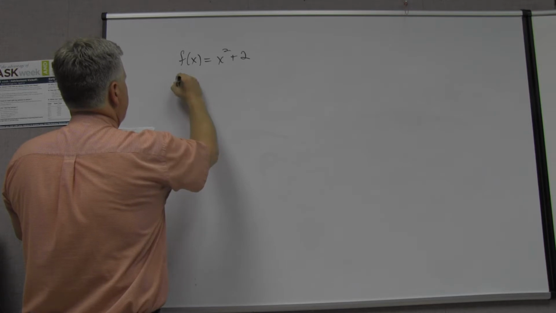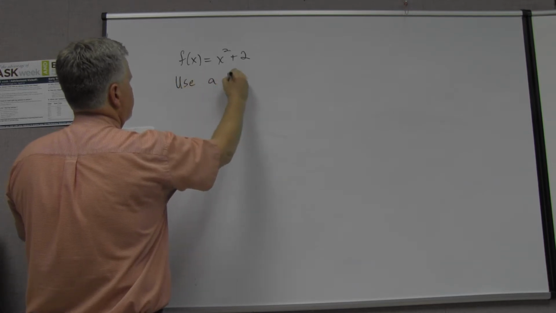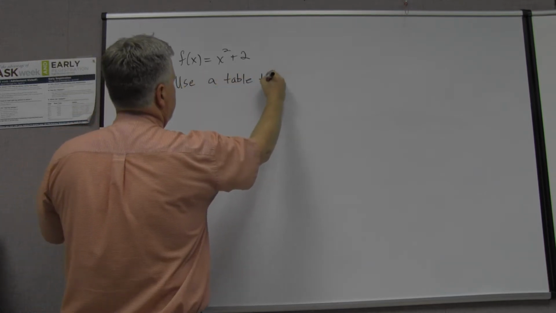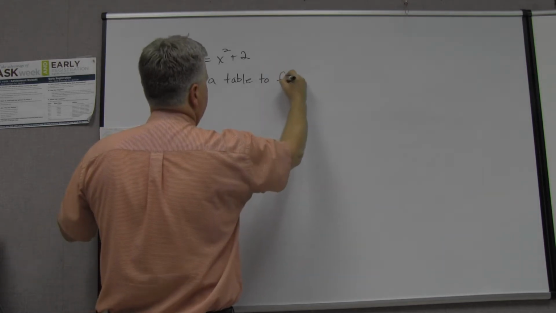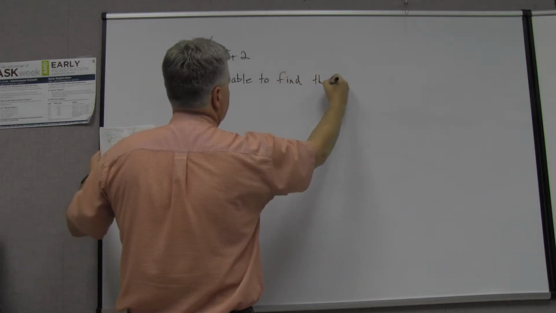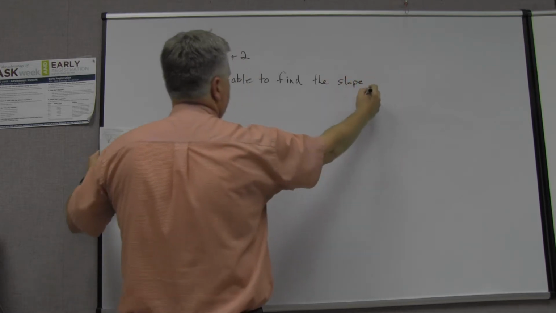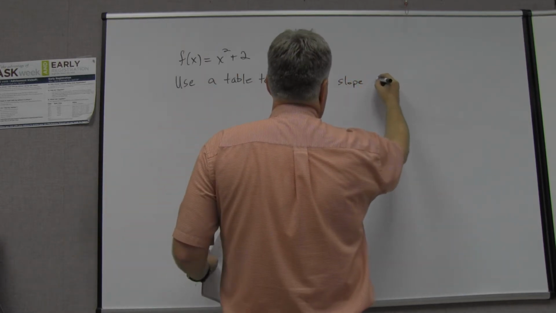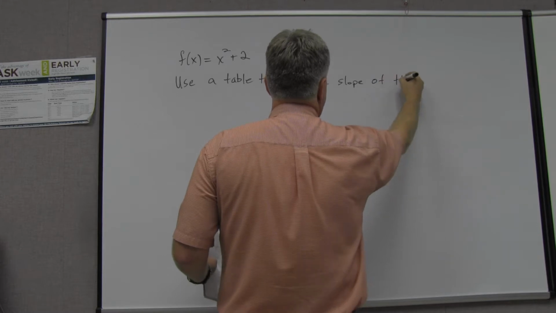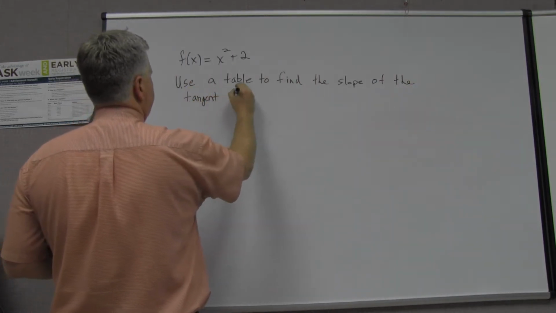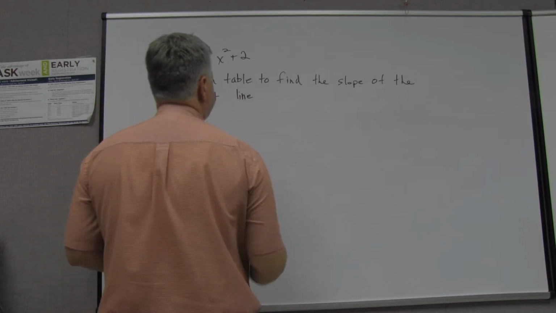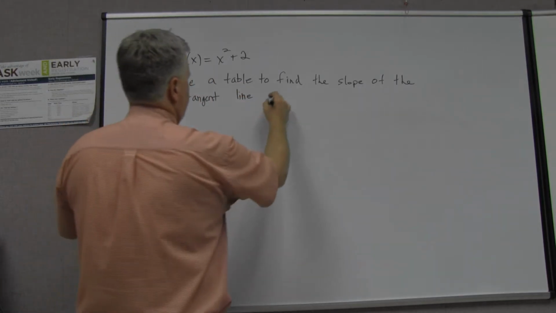Again, what we're going to do here is use a table to approximate, to find, let's say, the slope of the tangent line at 1, 3.